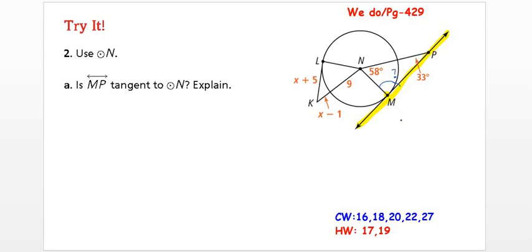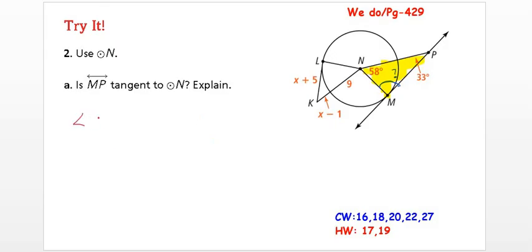MP can be tangent to the circle only if this angle becomes 90 degrees. How can we check this angle? Now look at the triangle that we have over here. What is the measure of this angle? It is 33. What is the measure of this angle? It is 58. In this triangle I can find the third angle. What is the name of the third angle?